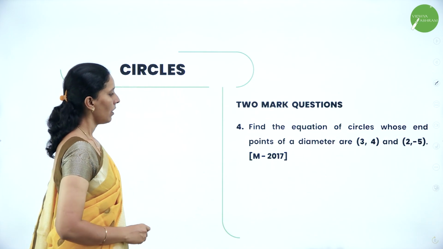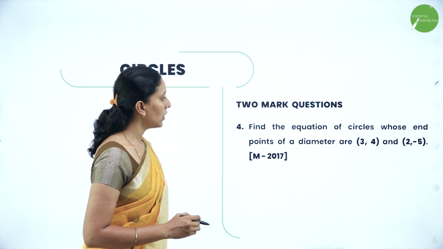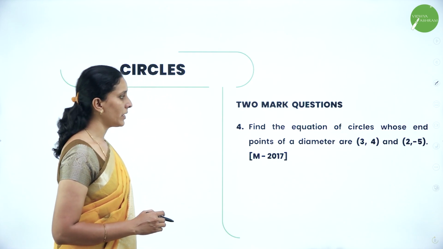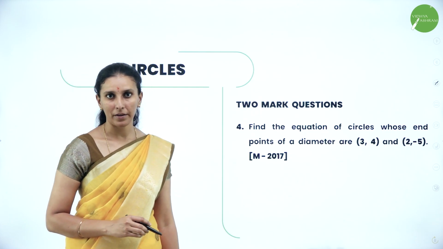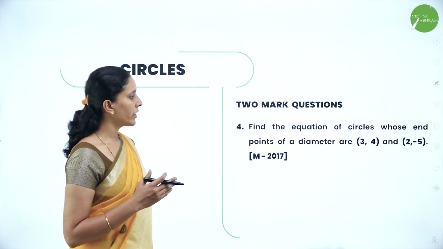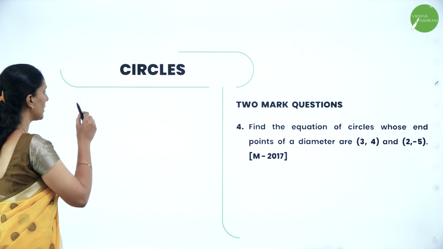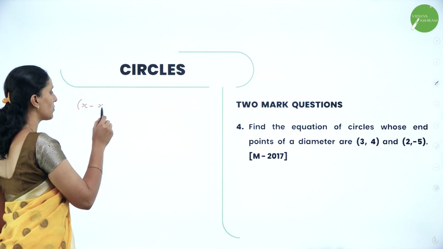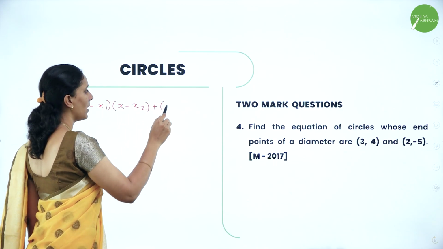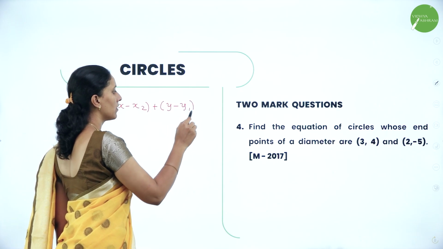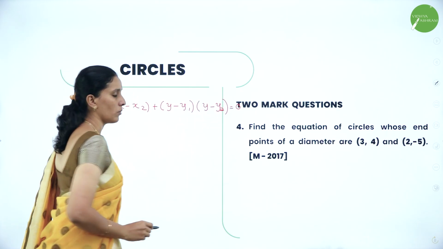Next, let's see the 2 marks question. Find the equation of the circle whose end points of a diameter are 3 comma 4 and 2 comma minus 5. So we know that whenever the end points of the diameter are given, the equation of the circle is x minus x1 into x minus x2 plus y minus y1 into y minus y2 is equal to 0.